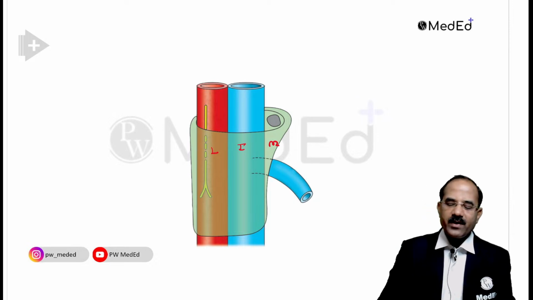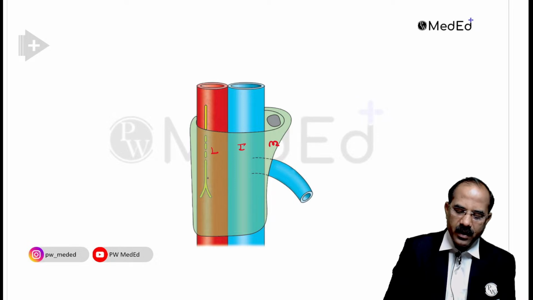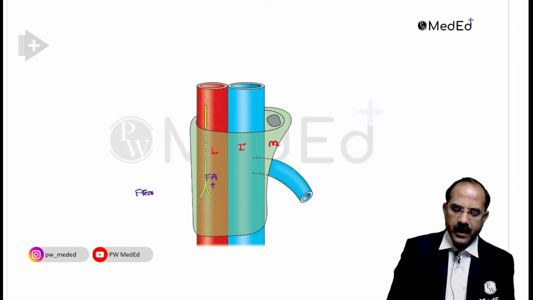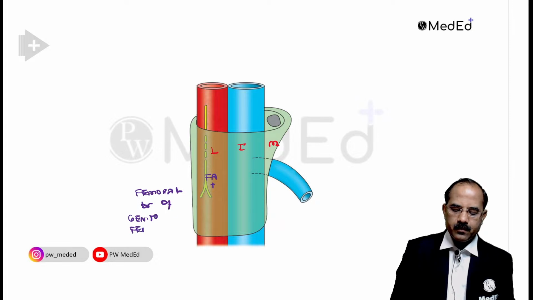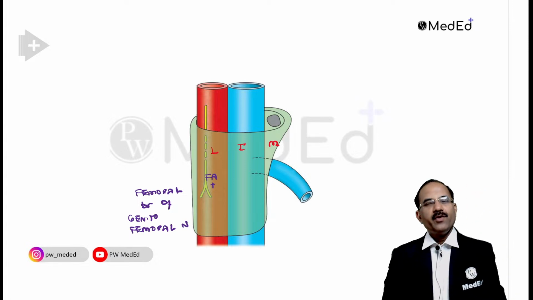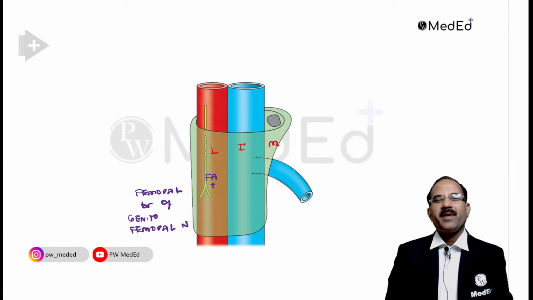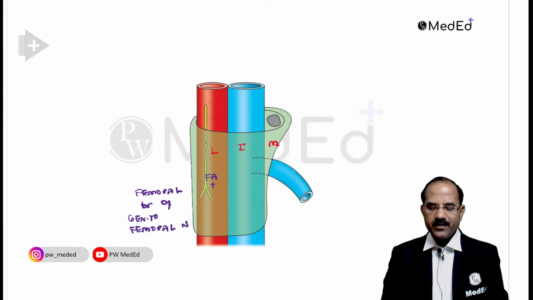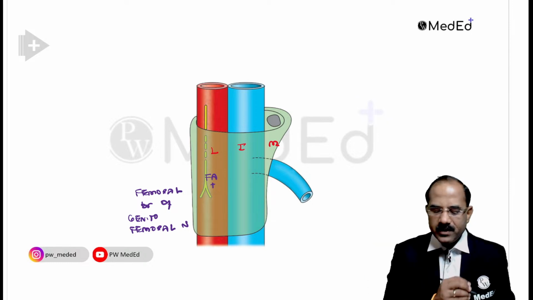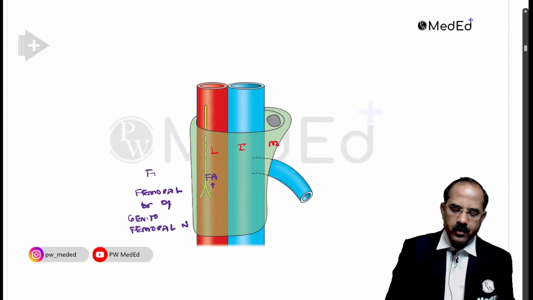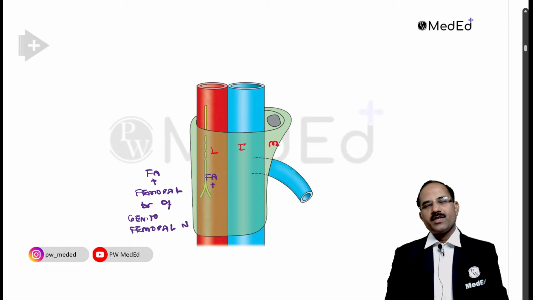In the lateral compartment lie the femoral artery and the femoral branch of genitofemoral nerve. ठीक है? Femoral artery plus femoral branch of genitofemoral nerve.